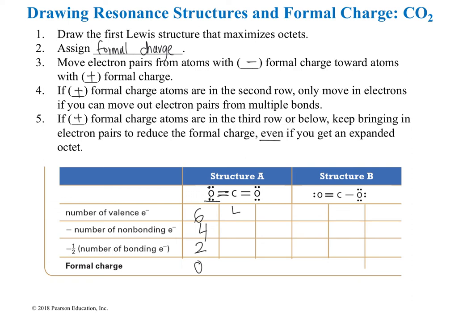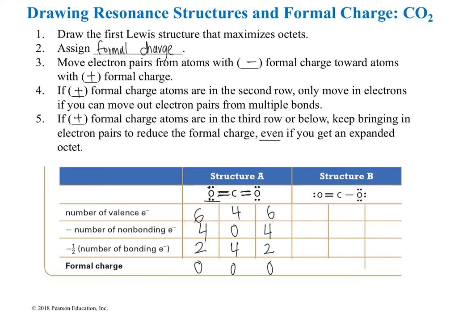Carbon has 4 valence electrons, 0 non-bonding electrons, and 1, 2, 3, 4 bonds, so it has a formal charge of 0. And this oxygen on the right is symmetric to the one on the left: 6 valence electrons, 4 non-bonding electrons, 2 bonds, so formal charge of 0.